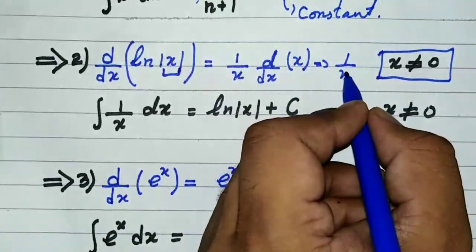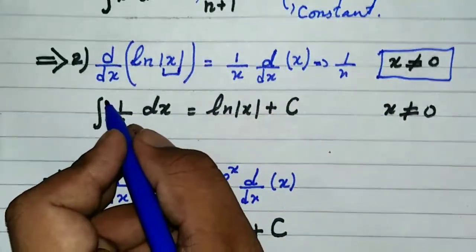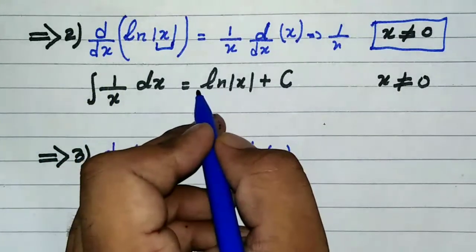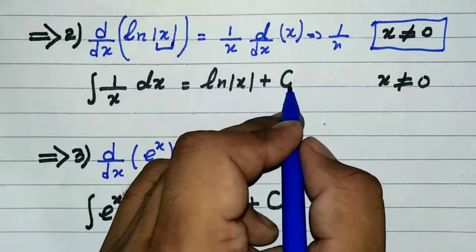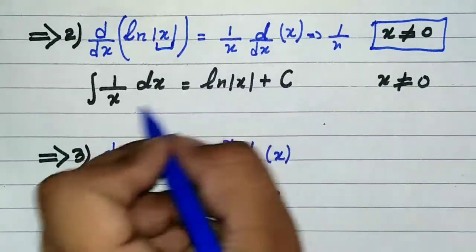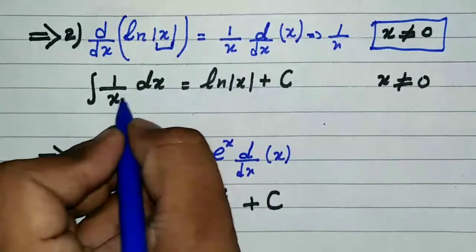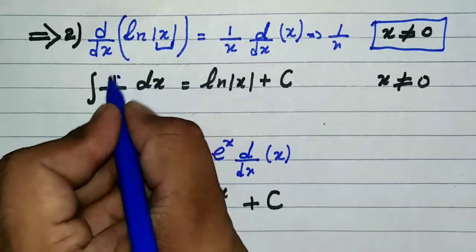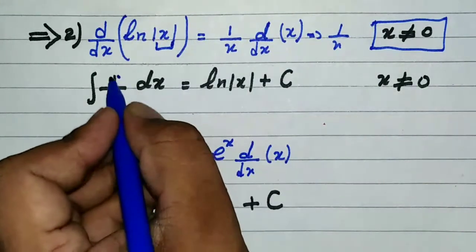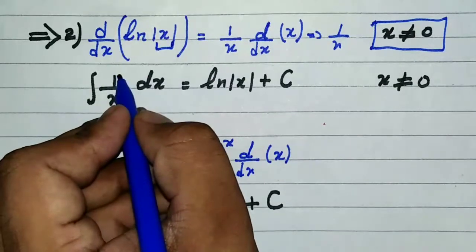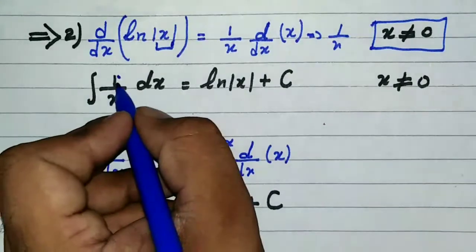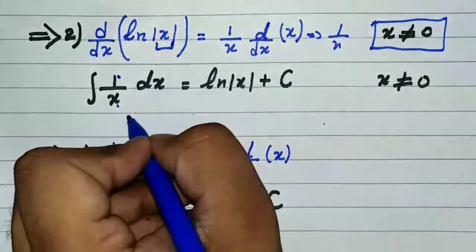So this is the question of the integral. Integral of 1 over x dx is equal to natural log x plus some constant. To remember this, we know that the derivative of x is 1, which is present in the numerator. So the integral of this is natural log x.